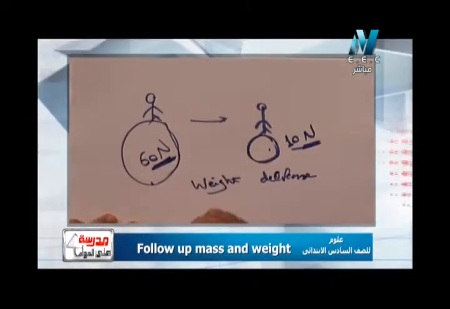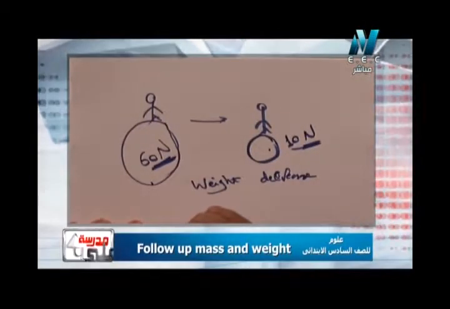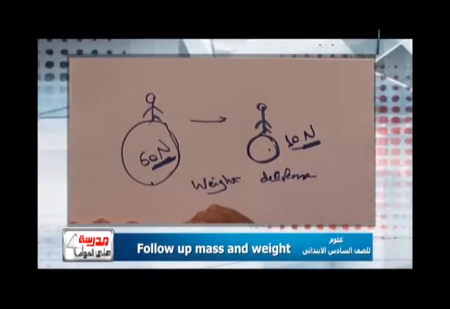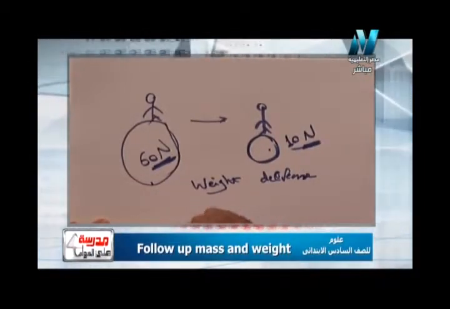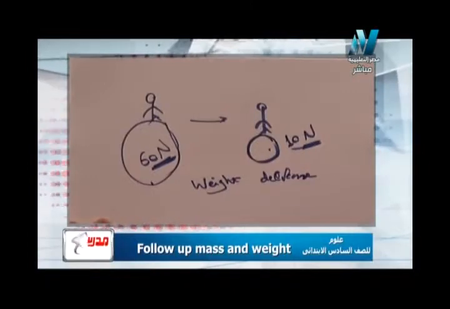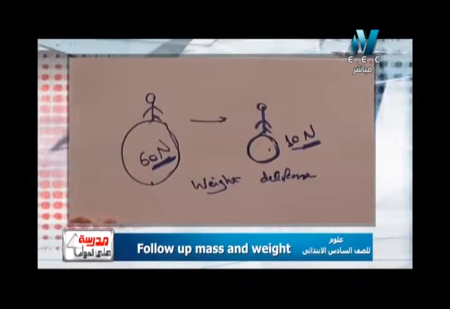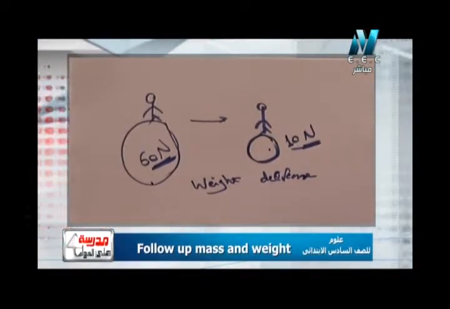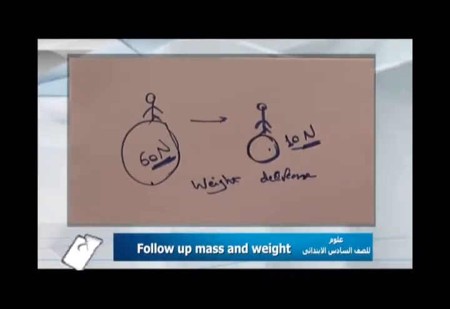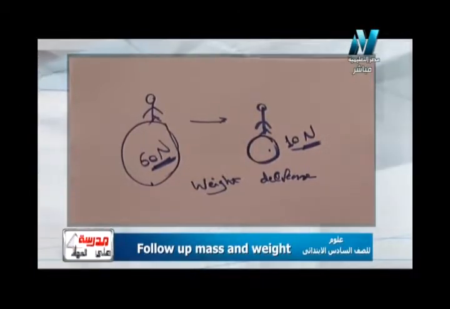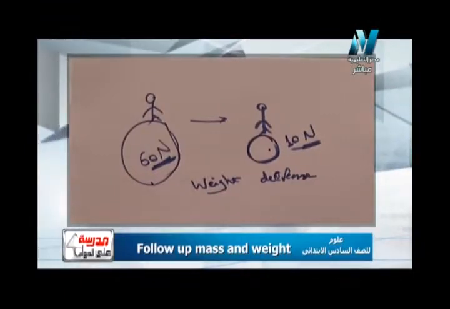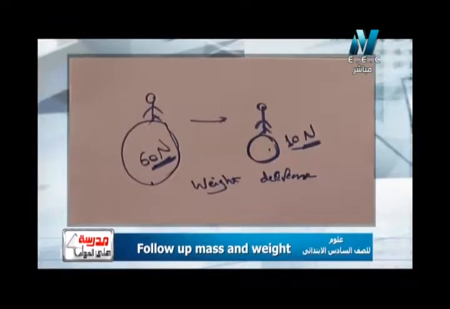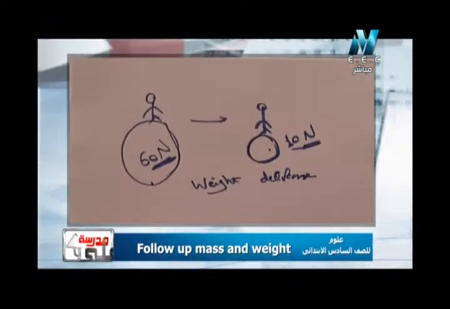Why does the weight decrease? Because the weight decreases by changing the place, because the size of the moon is smaller than the size of the earth. يعني كل ما الكوكب يكبر يبقى كمية الشد أكتر، يبقى الويت أكتر. كل ما الكوكب يصغر او الجسم اللي انا موجود عليه يصغر يبقى كميه الشد اصغر، يبقى for example for that the weight decreased، الوزن بيقل.